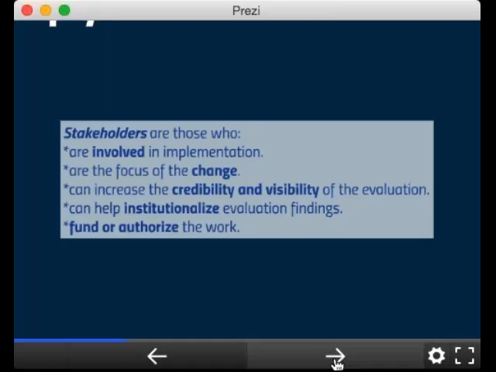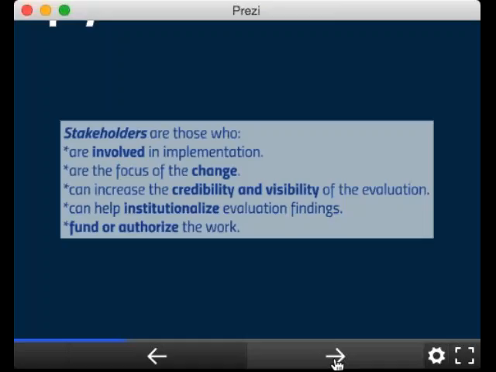We also are interested in the idea of increasing the credibility and visibility of our evaluation. So are there folks in the community who might have an interest in the evaluation because they can help us do that? Because certainly if we're going to go through all this trouble of conducting a good evaluation, we want to make sure that the community knows that we are serious about evaluating our work.